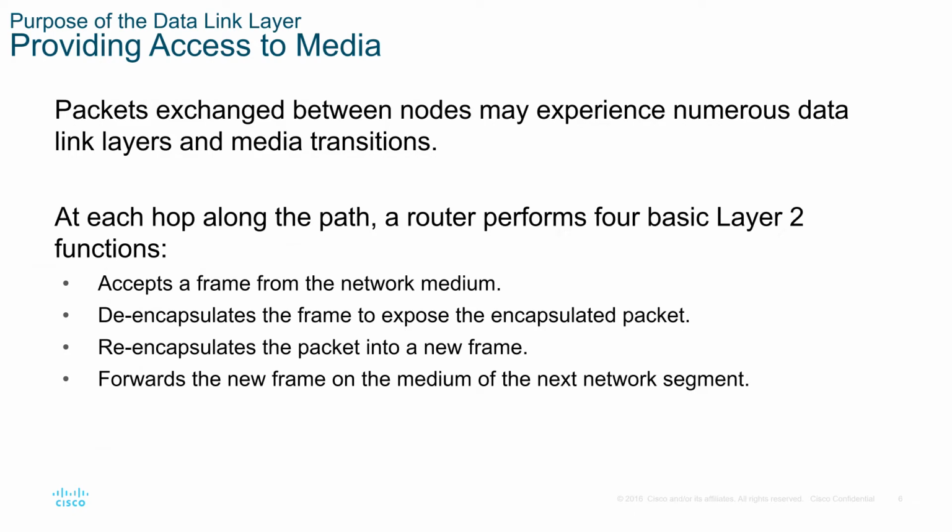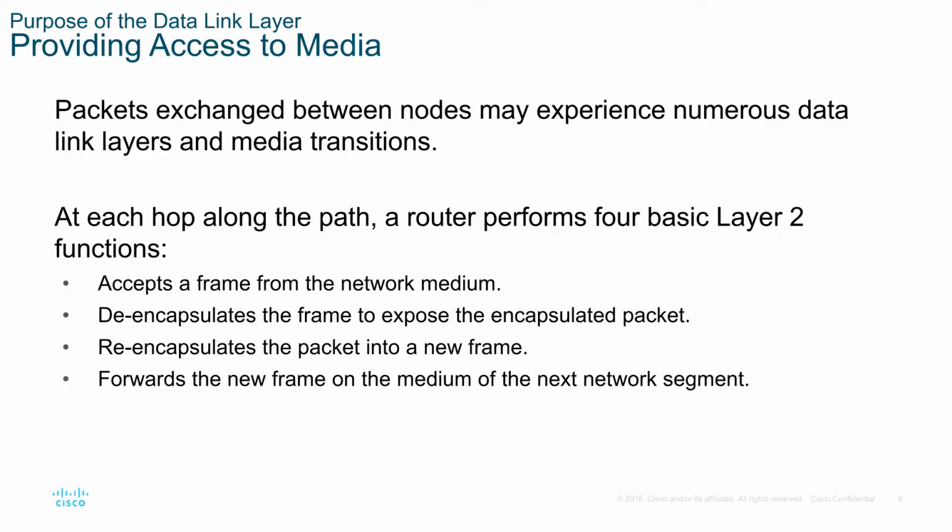The packets exchanged between two nodes may experience numerous data link layers and media transitions, such as the initial transition may be either wireless or wired. As it goes out of your facility, it may be wireless or possibly fiber or possibly cable.